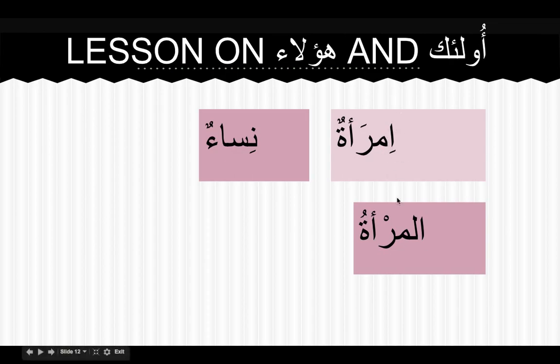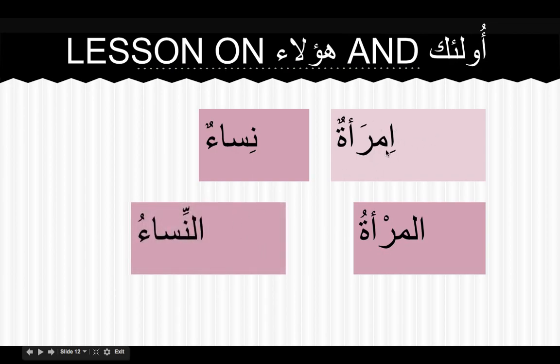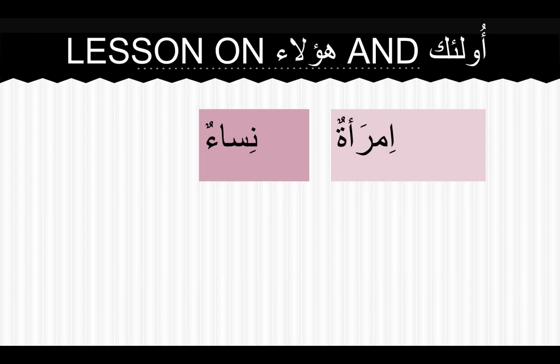So it becomes al-mar'atu. Because you cannot pronounce it, the sukoon changes into fatha, and fatha into sukoon. If it is without al, indefinite, we say imra'atun. If it is definite, al-mar'atu. This is what we need to know about this sentence.